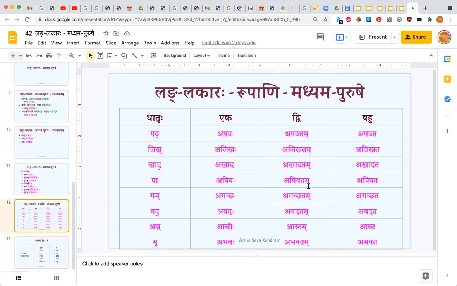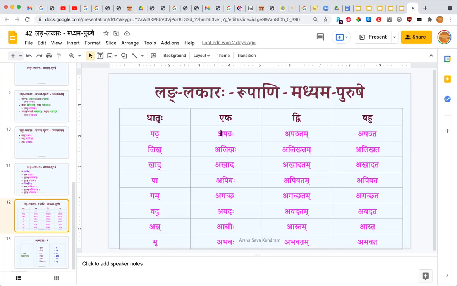In Lot Lakara, we had similar usage for the Uttamam. What did we have in Lot Lakara? I was just about to point that out. Vadatu Viraj Mahodaya. We said patha, pathatam, pathata. So in Lot Lakara this was patha, pathatam, pathata.